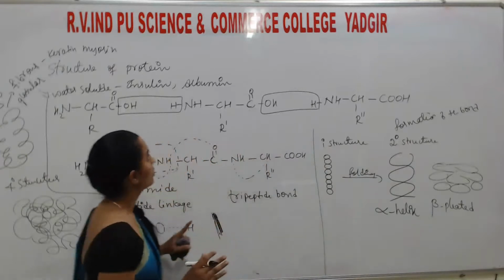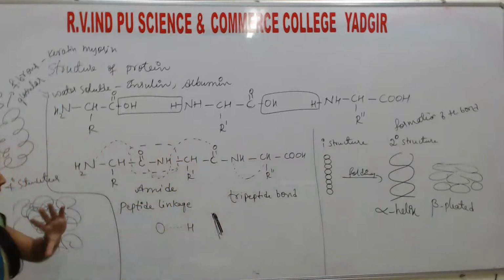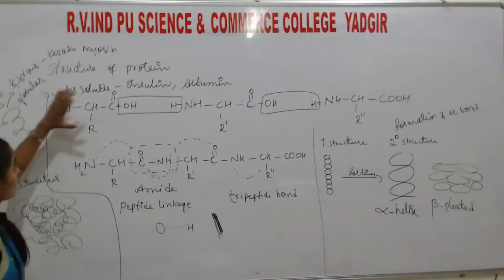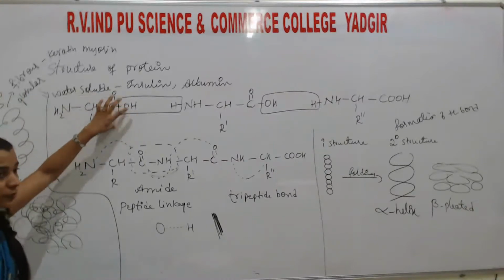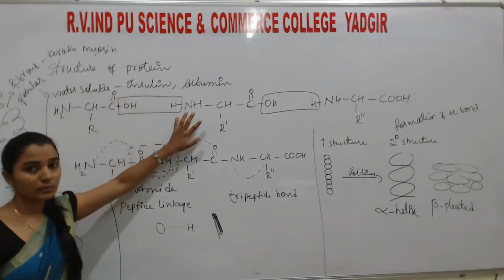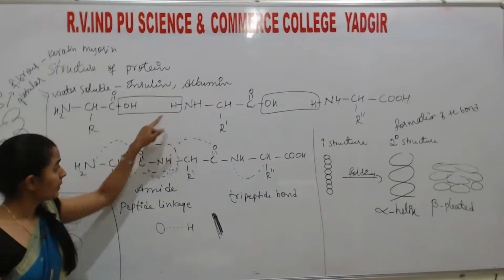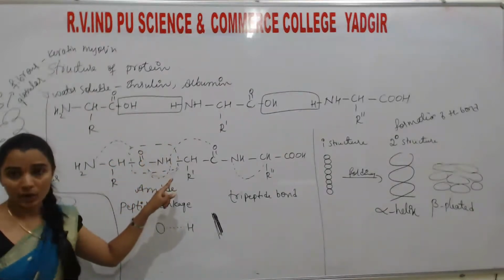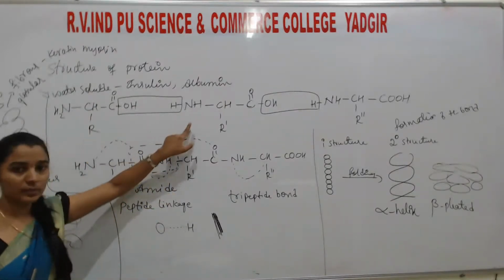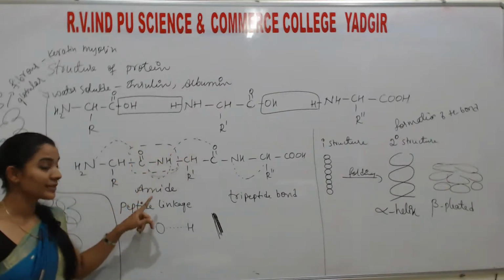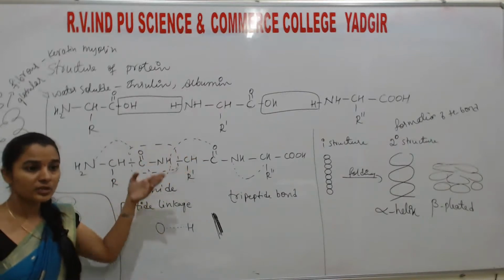So this is all about proteins. Remember, students, the structure of protein is explained by the formation of the peptide. If the peptide bond is between two amino acids, it is called a dipeptide. Three amino acids means tripeptide.